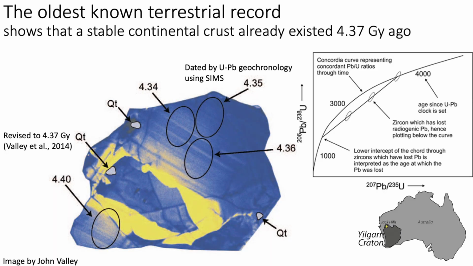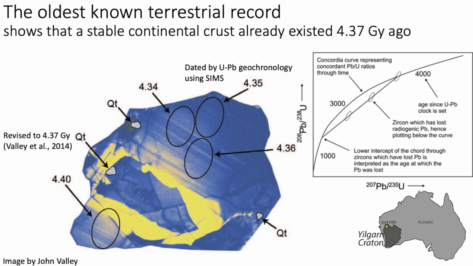So the ages that you measure are represented here by those small ellipses. And you get a first intercept between the range that you're measuring in the samples and what's called the Concordia, so that represents the lead-uranium ratio through time. The intersection here indicates where the zircon closed isotopically.